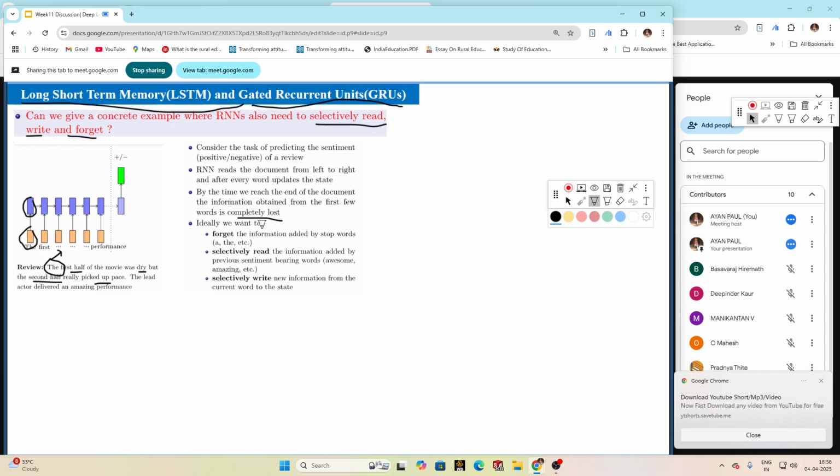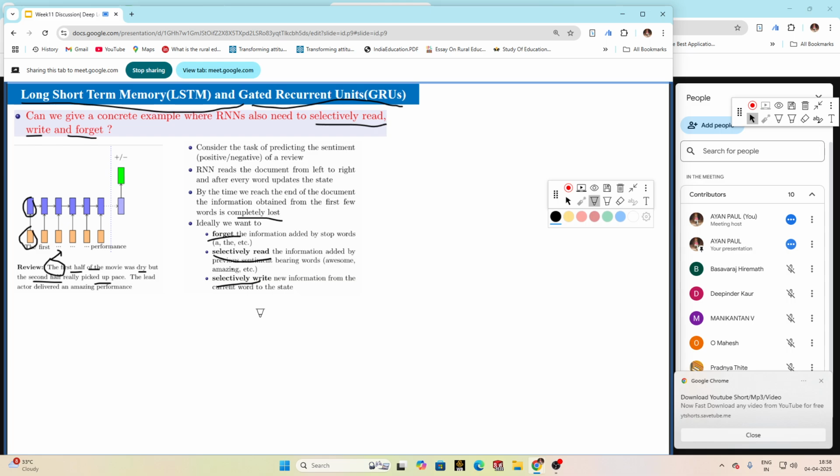Ideally, we want to forget the information added by the stop words. Whatever stop words come in between, like "of", are not important, right? So we want to forget these words first. Then we want to selectively read the information that is important: dry is important, picked up pace is important, these are more important than the other words. Second, we need to selectively write new information from the current word to the state.